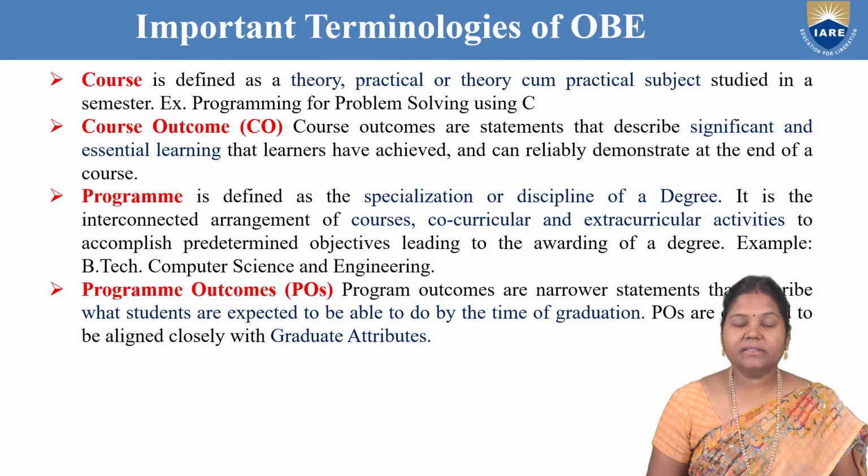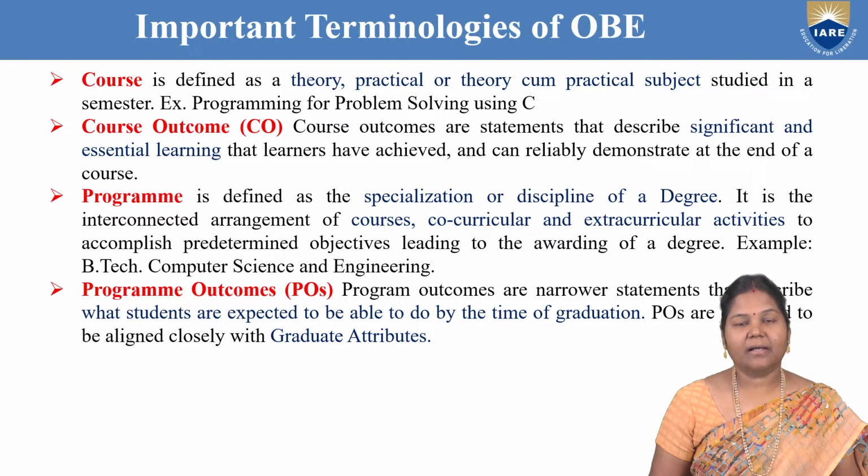All these terminologies we discussed are interconnected. A collection of courses will make a program. Then the program will not only contain the courses, but also a number of other activities. If a student achieves those goals, the program outcomes, at the time of graduation, then the degree should be awarded.